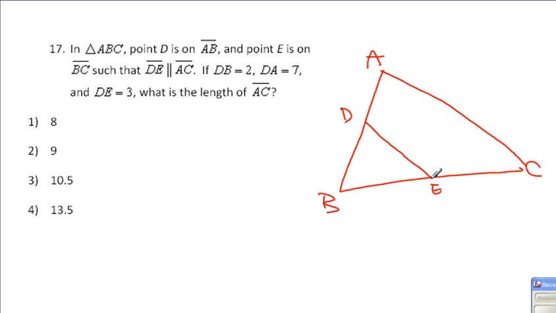If DB is equal to 2, so let's divide this one, and then DA is equal to 7, DE is equal to 3.